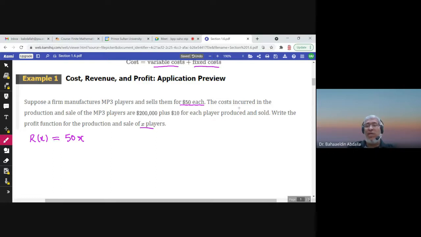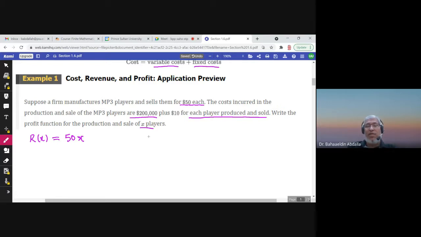The costs incurred in the production and sale of the MP3 players are $200,000. So this is the fixed cost, plus $10 for each player produced and sold. So this is the variable cost, which depends on the number of players produced and sold.